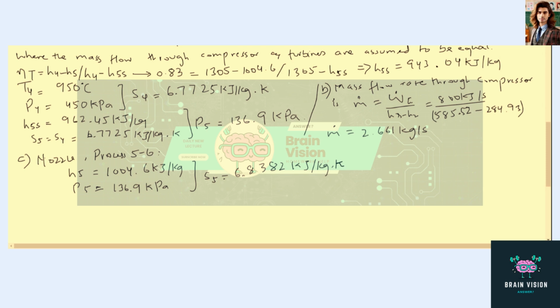Now for the nozzle, at P6 pressure, S6 value is equal to S5. P6 is 40 kilopascal and this is 6.8382 kilojoule per kg dot K. At both these values, the value of H6s is equal to 713.12 kilojoule per kg.